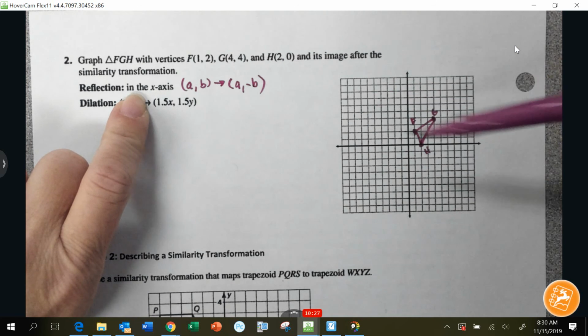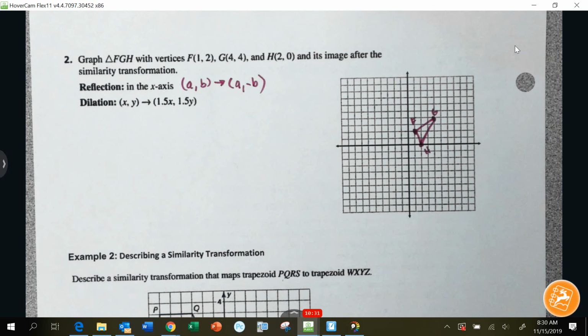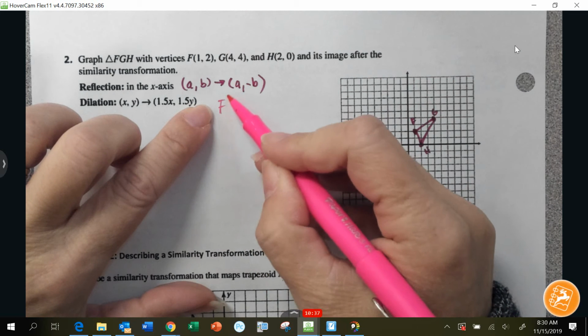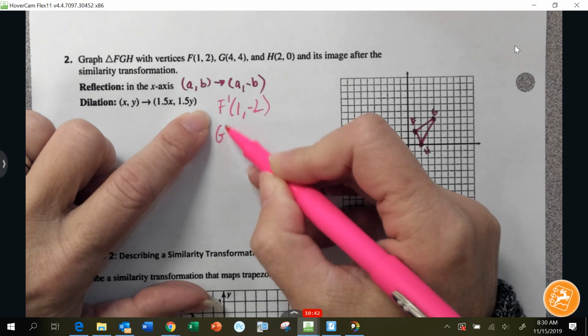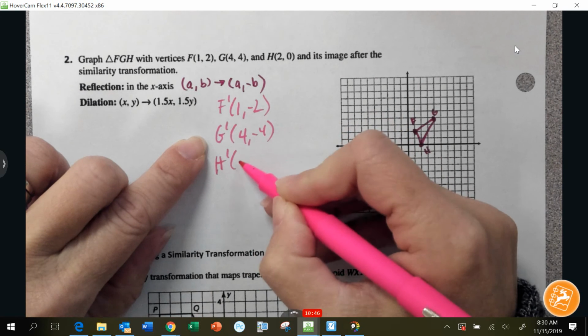That one I can easily just look at the graph. But if you want to use the rule, that's also helpful. I'll do both. So my F prime would be 1, negative 2. My G prime would be 4, negative 4. And my H prime would be 2, 0.